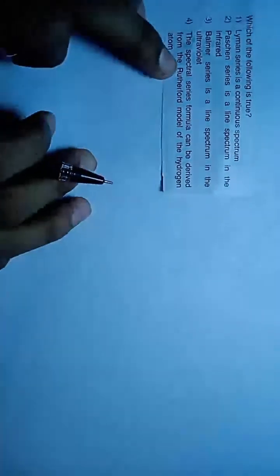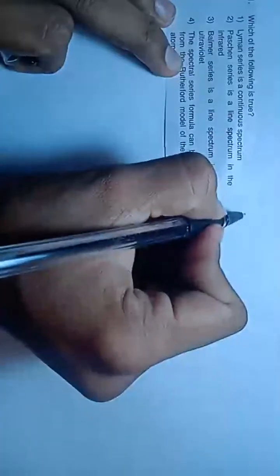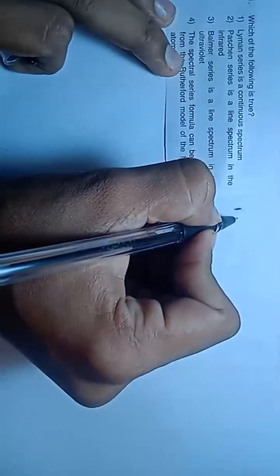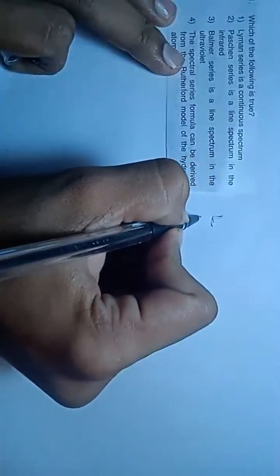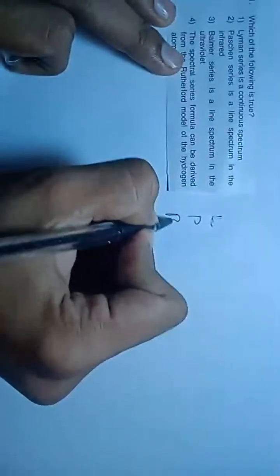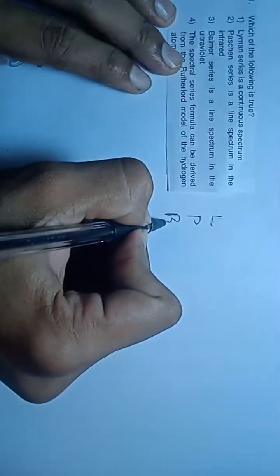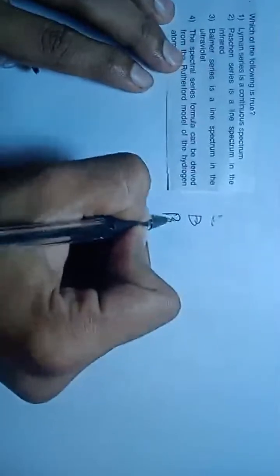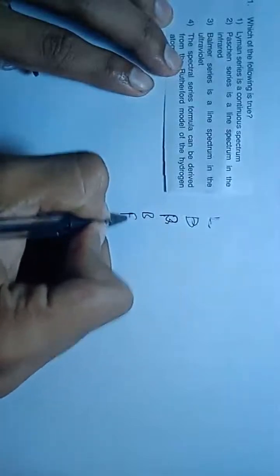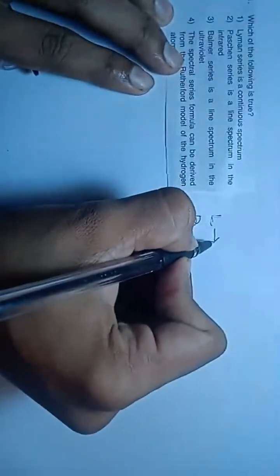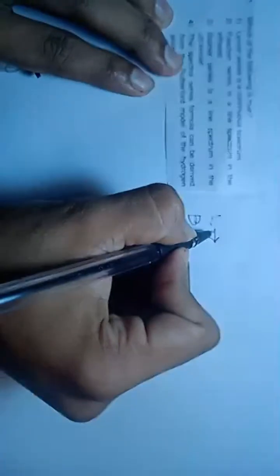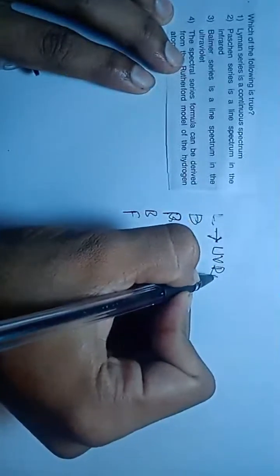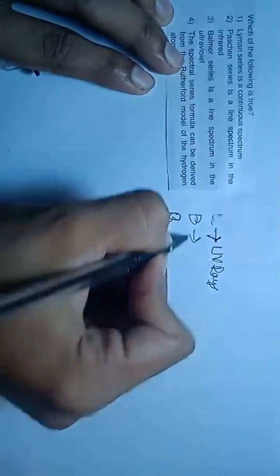I will be explaining now. You all know Lyman, Balmer, Paschen, Brackett, and Pfund series, right? The Lyman series is in the range of ultraviolet rays, whereas Balmer series comes under the visible rays.